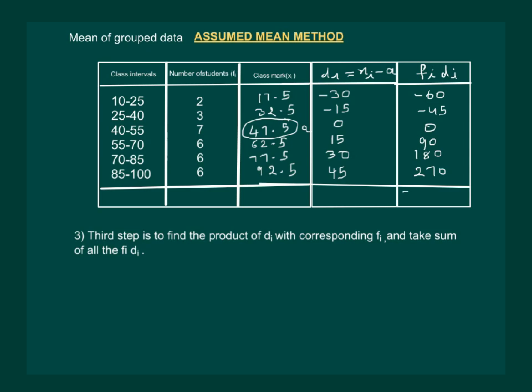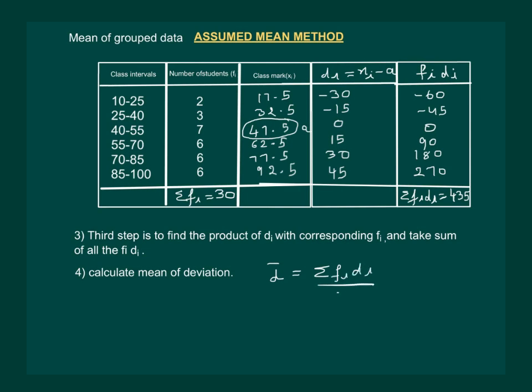Now find summation fi di. That is sum of this column, which is equal to 435. Now calculate mean of the deviation, which will be given by d bar equal to summation fi into di whole by summation fi, which is equal to 435 by 30 equal to 14.5.